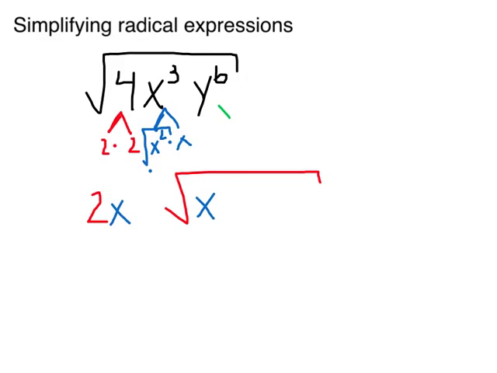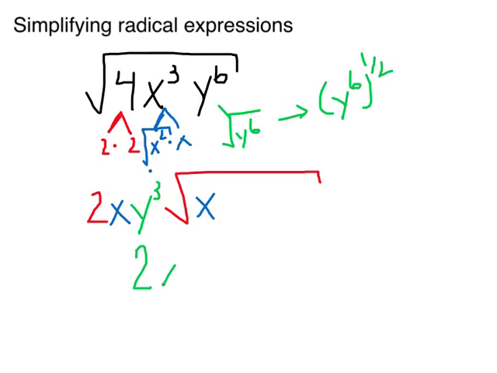I actually can square root y to the 6th. If you're having trouble seeing that, you can think of it as y to the 6th to the 1/2 power, and you multiply that, you get y cubed. So you'd end up with y cubed here, nothing from the y inside, so the final answer would be 2x y cubed square root of x.